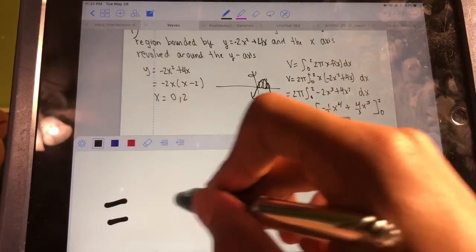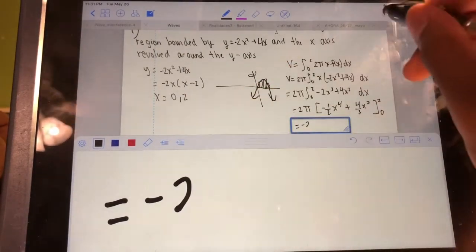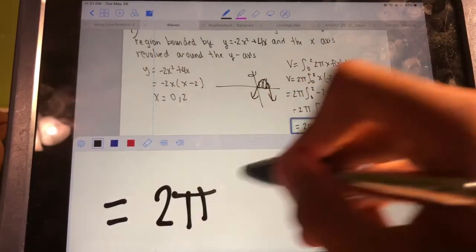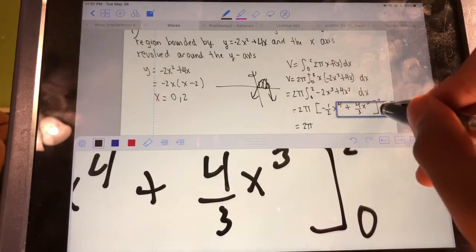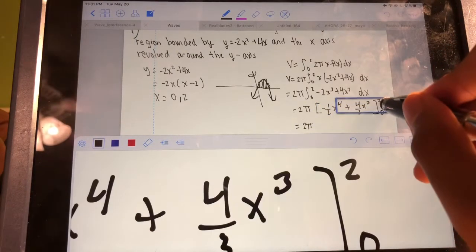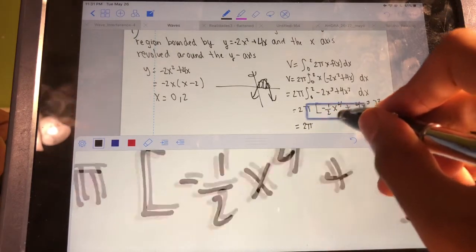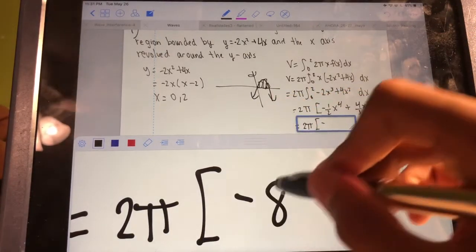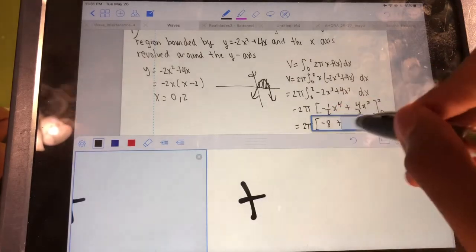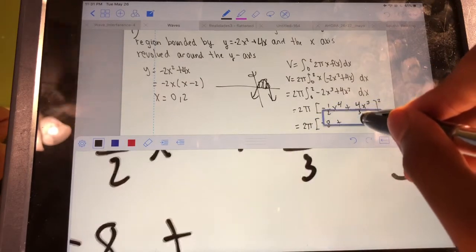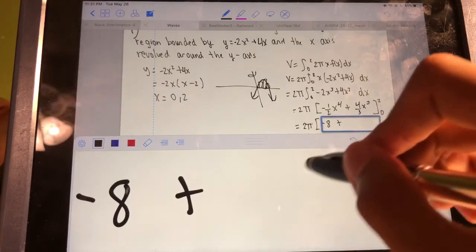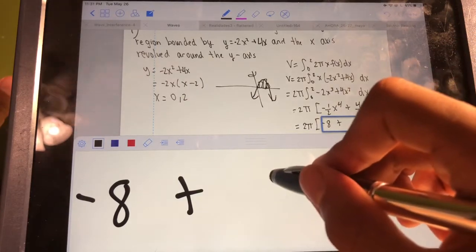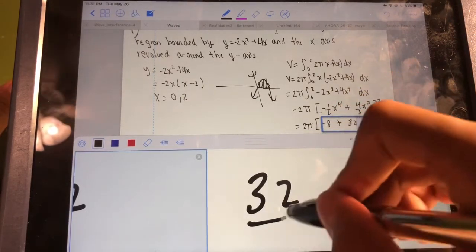So it equals 2 pi times, and then we plug this in. So 2 to the fourth is 16 times negative 1/2, which is negative 8, plus 2 cubed times 4/3, which is 8 times 4 is 32 divided by 3.